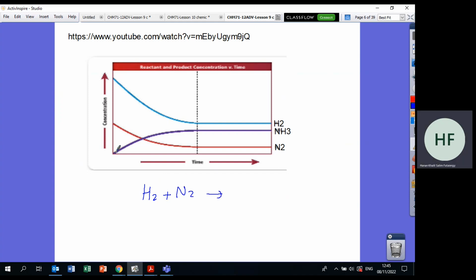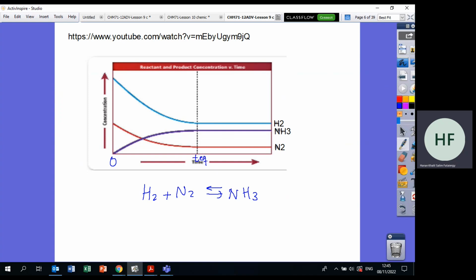Now, the product is the one that starts from zero and increases, NH3. Now, do I need to put one arrow or double arrows? Of course, reactants are not decreasing till they become zero, so I will put a double arrow. Now, what does this dotted line represent? Notice that after this line, all the reactants and the products are constant, so I call this line TEQ, time of equilibrium.